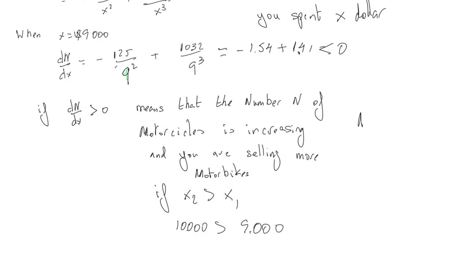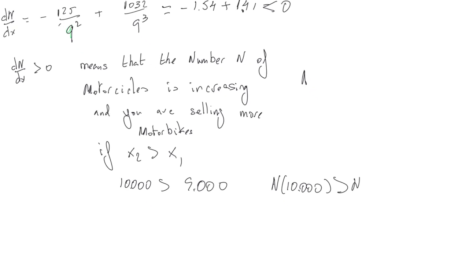If the function is increasing, it means that n when you have spent $10,000 is bigger than n, the number of motorbikes you are going to sell when you spend $9,000.